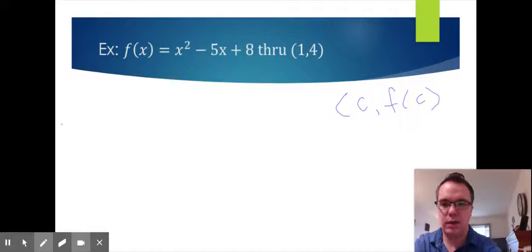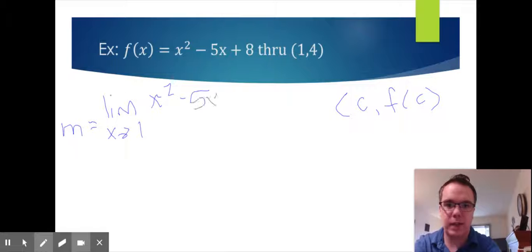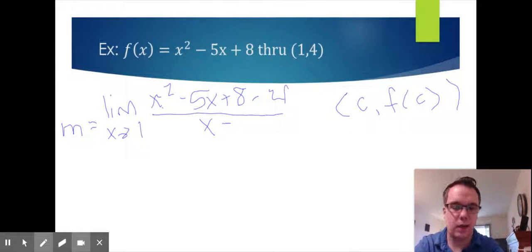So to find our slope, we're going to take the limit as x approaches our c, in this case 1, and then we are going to take our f of x, so x squared minus 5x plus 8, and we're going to subtract away our f of c, which in this case is 4, and we're going to put that over x minus our c, which is 1.